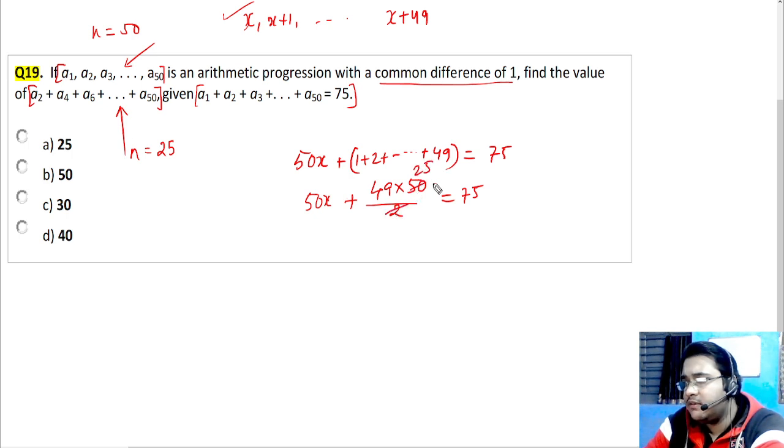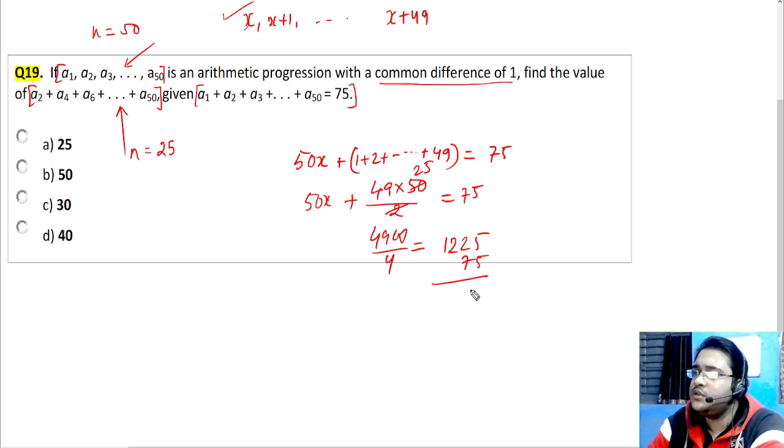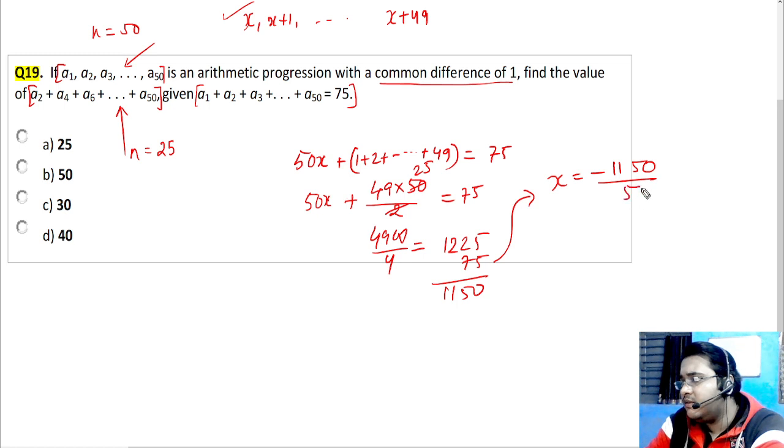This is 25 multiplied by 4, so 4900 by 4, which is 1225. 1225 when subtracted from 75 gives 1150. So this effectively gives me x equal to minus 1150 by 50. 5 twos are 10, 3s are 15. So x is equal to minus 23.